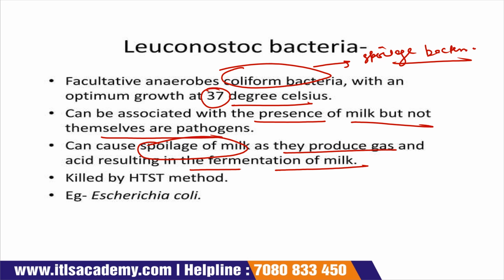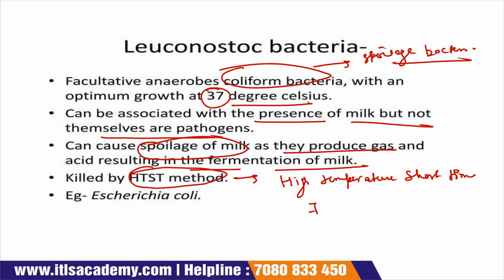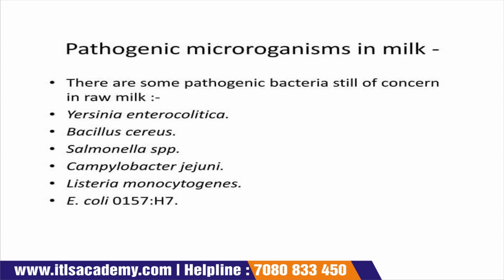It is killed by the high temperature short time method, which means the temperature should be 73 degrees Celsius for 15 seconds. The example is E. coli. Now the next is pathogenic microorganisms in milk.